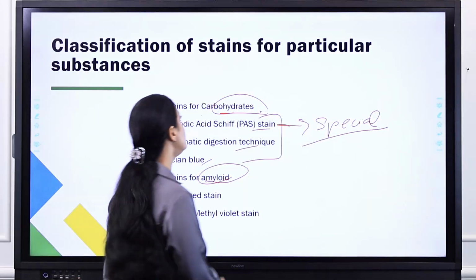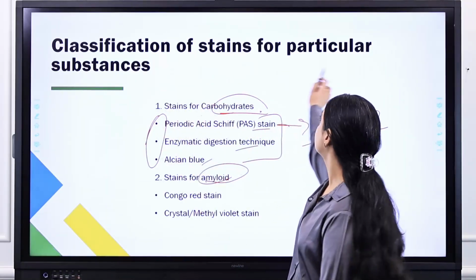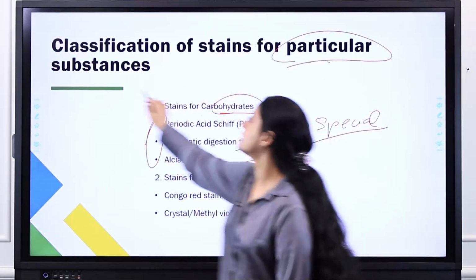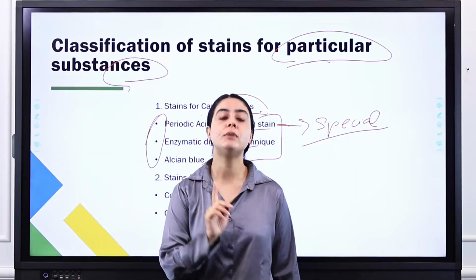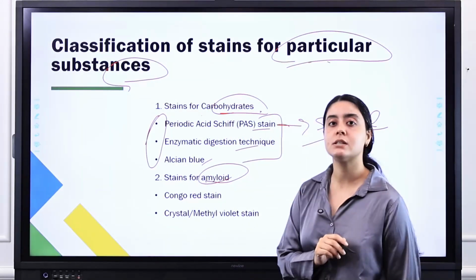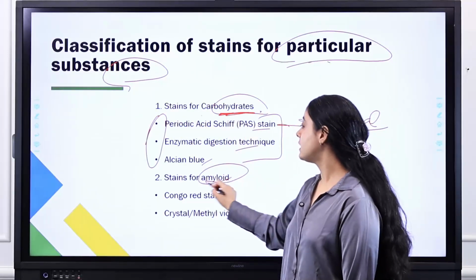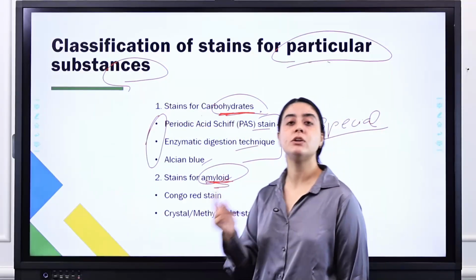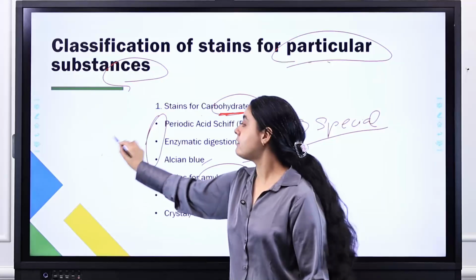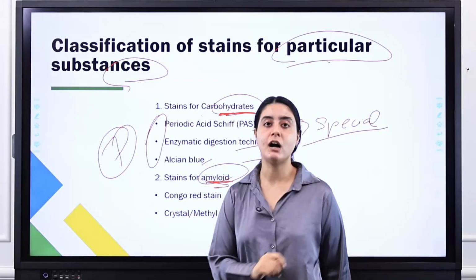Okay, so let's continue with the classification of stains for particular substances. As it is mentioned over here, particular substances. Why particular substances? There are stains for carbohydrates, stains for amyloids, stains for nucleic acids. There are 7 such classifications which you have to know.